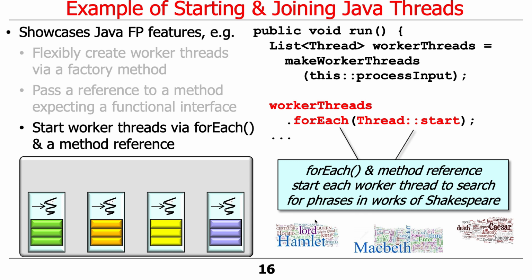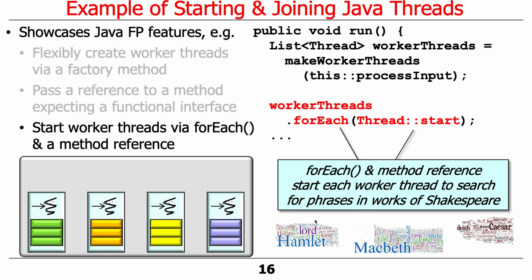And we'll talk, when we do the evaluation part, about why this is a win, but the key point to come away with is we never have to worry about fence post errors, we never have any off by one problems, because for each thread in this list, we're going to start the thread. So I think you'll agree with me that this is very declarative. We're saying what we want to have done, not so much how to do it.